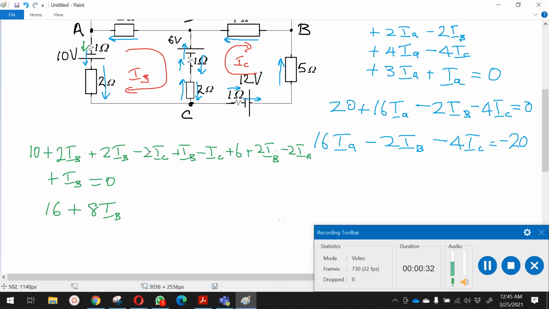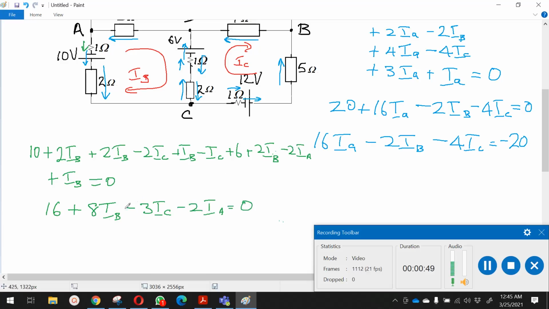ICs: minus 2, 1, minus 3 ICs, and IA minus 2, equal to 0.